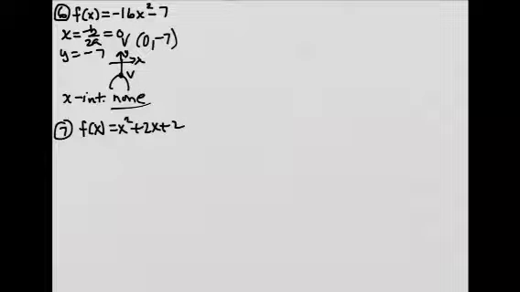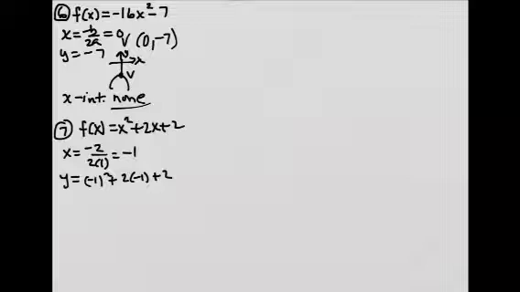Okay, so number 7, again, they want the vertex and the x-intercepts. So for the vertex, negative b over 2 times a gives you -2 over 2, which is -1. And then for the y, we find f of -1. That's your y coordinate. So that's going to be -1 squared plus 2 times -1 plus 2.